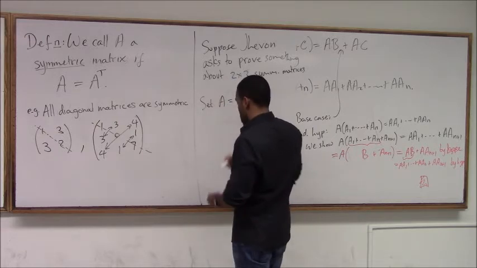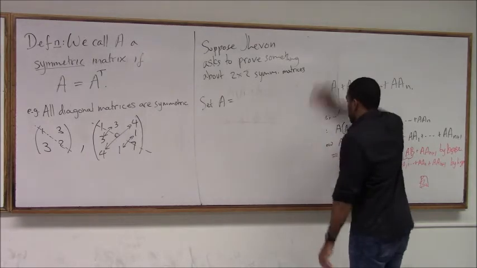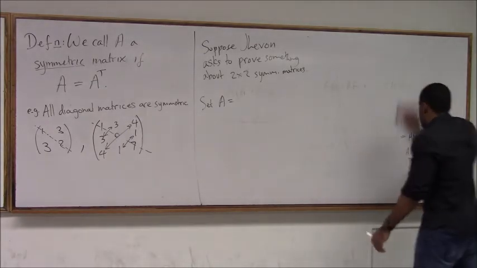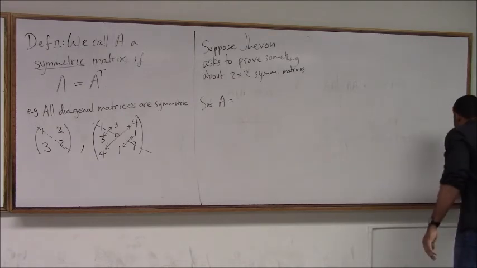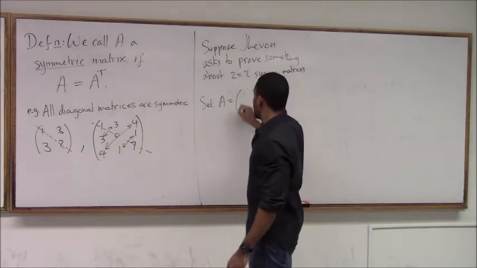And you want to pick an arbitrary such matrix, what would you pick? Some general theorem about 2 by 2 symmetric matrices. And you're thinking of A as such a matrix. What would you write down? Yeah, A, B, B, C.